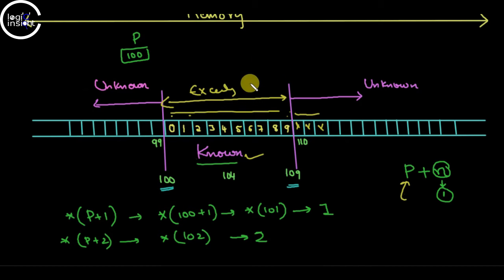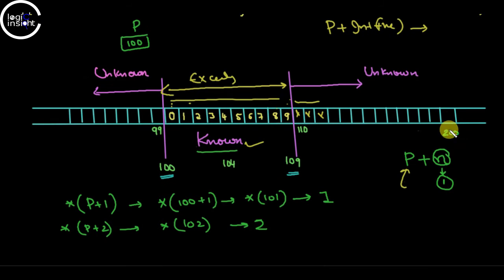Now I can say that to a pointer I can add an integer. Since we are talking about addition, I'll say a positive integer, so that I can move from here to here in this memory region. Now if you add two pointers, we get some location pointing to some memory address, and it makes no sense, right?